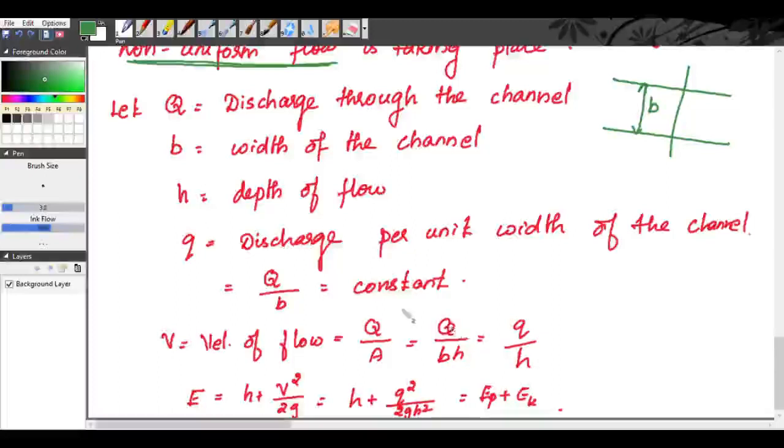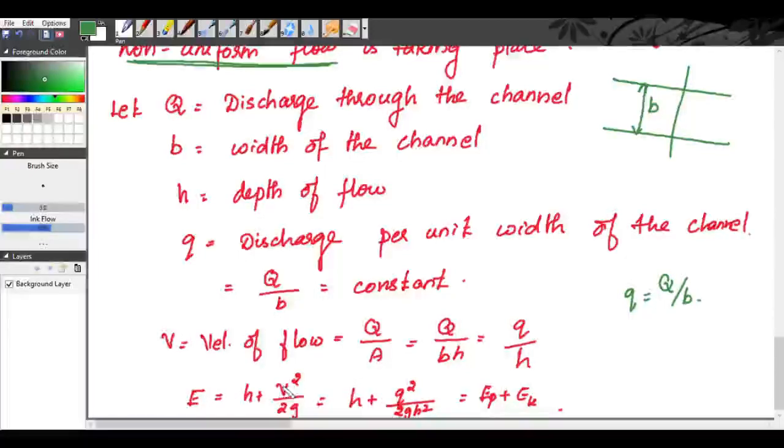We know small q, the discharge per unit width, is Q by B. So replacing Q by B with small q, we get the velocity of flow V is equal to q by H.